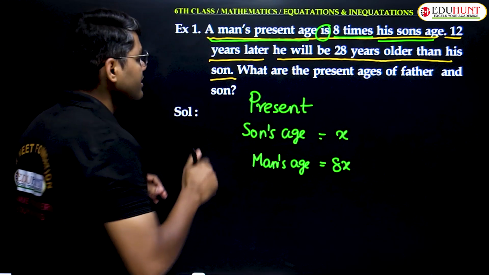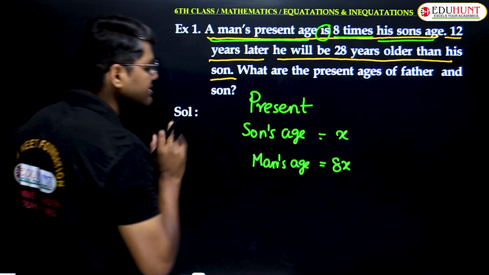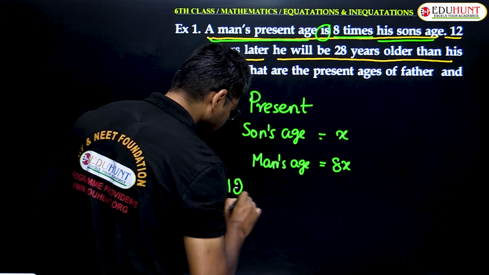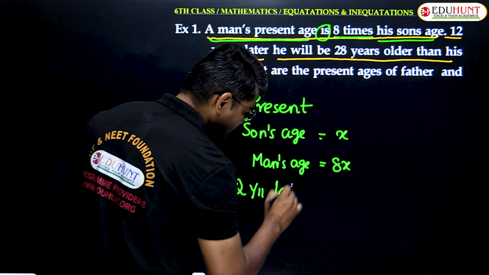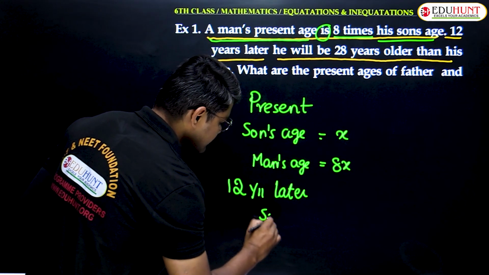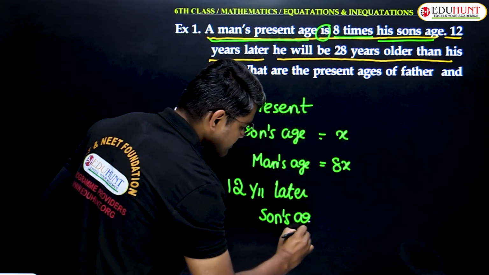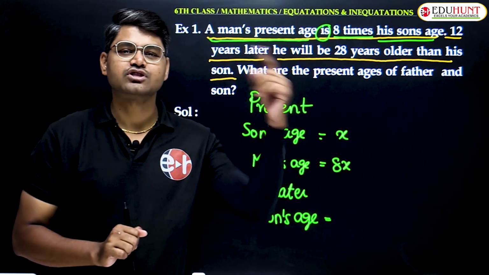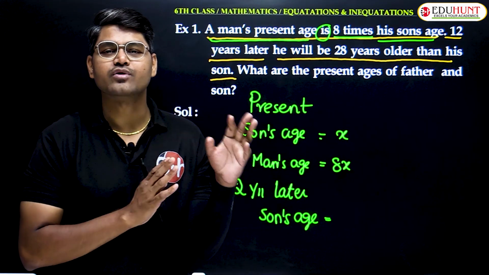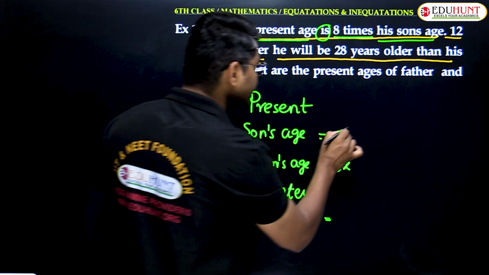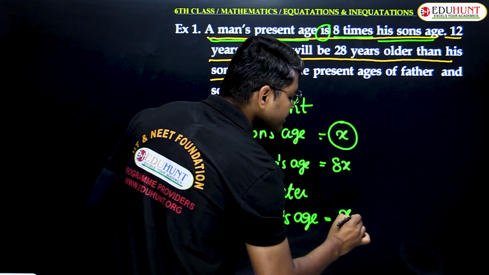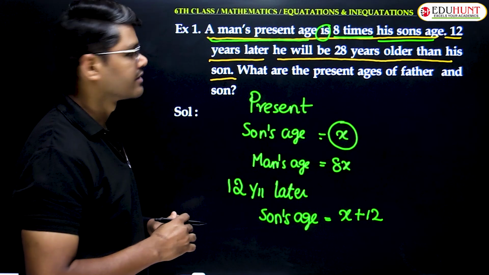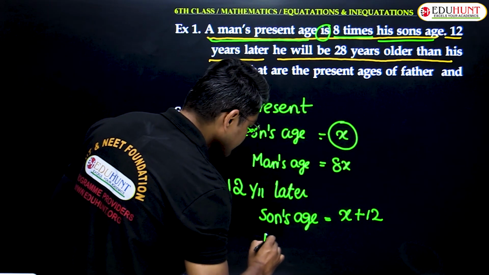So here, the present age of son is x years, and 12 years later, son's age: if your present age is 10 years, after 12 years, 22 years. What are we doing here? Addition only. So present age is x, 12 years later, x plus 12.